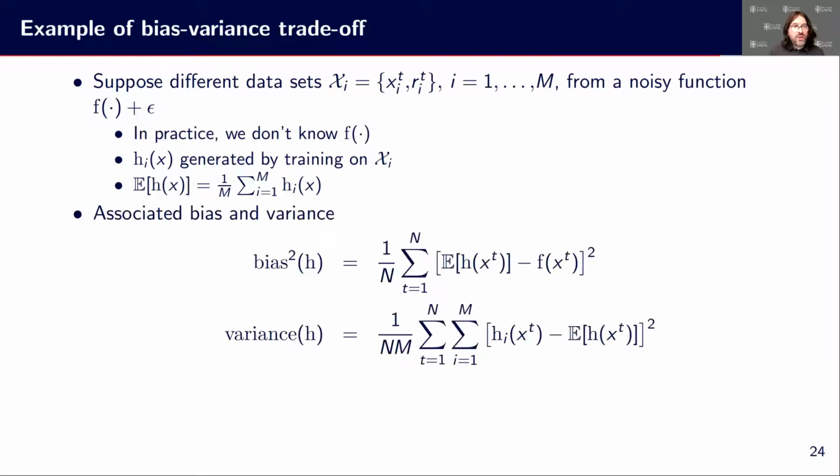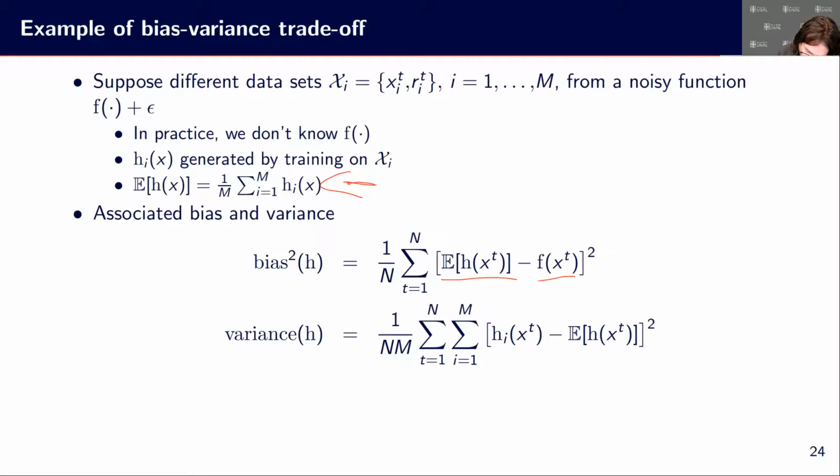So from that, we can compute the bias squared. So we have the bias here, which is the difference between the expected h that we compute with this minus the real value that we get from that function without the noise.